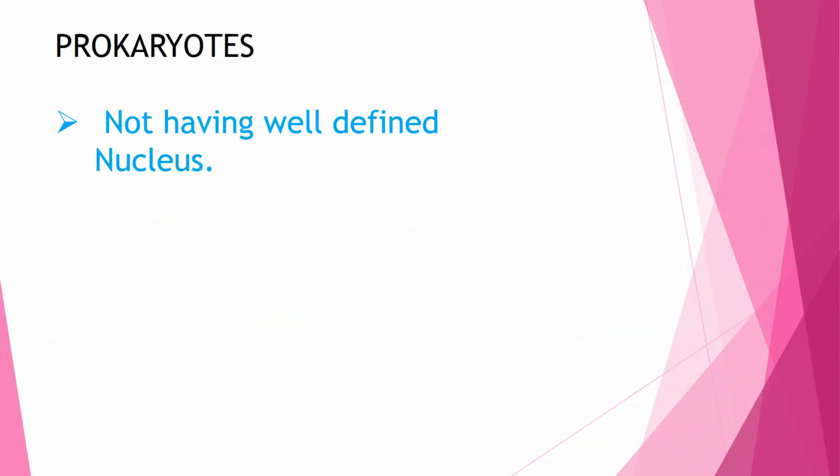In the case of prokaryotes, what is the speciality? It does not have a well defined nucleus. That means it does not have a proper nuclear membrane enclosing the chromosome, right?